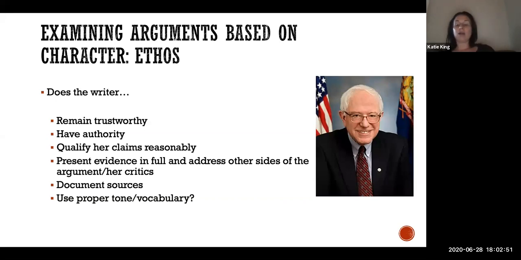I get students every semester who I keep telling, do not use Google for your academic sources, and guess what they do? They keep using Google to get their academic sources. Guess what happens? Their argument suffers severely as a result. And here's why.